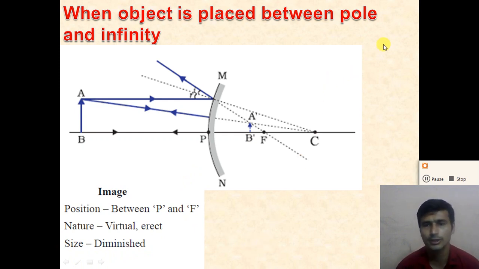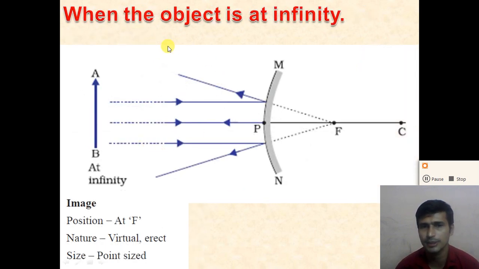Clear? So these two ray diagrams are very important for the convex mirror. When the object is placed at infinite distance, the image will be produced at the principal focus. The nature of the image is virtual and erect, and the size of the image is point size, very small.